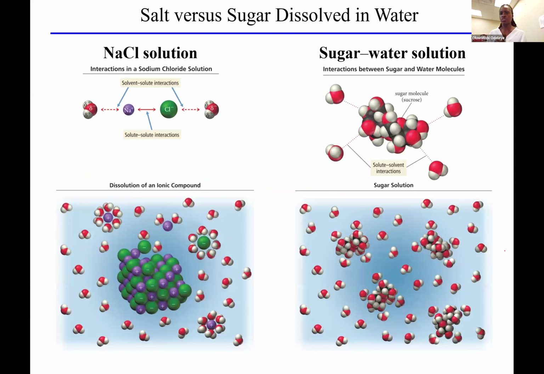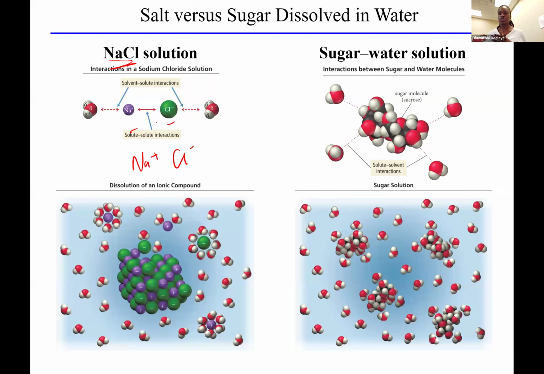So 2 types of solutions with water, right? I could have solutions with ionic compounds and solutions with molecular compounds. And so sodium chloride is an ionic compound. And when it dissolves in water, think back to those hydrated ions. That's how solutions with sodium chloride form. So sodium chloride would break up into its ions, Na plus and Cl minus, okay?